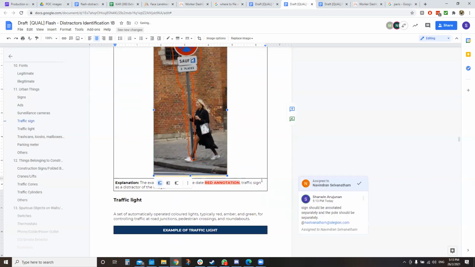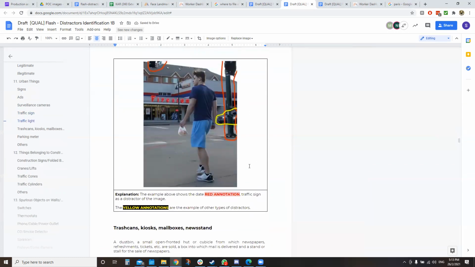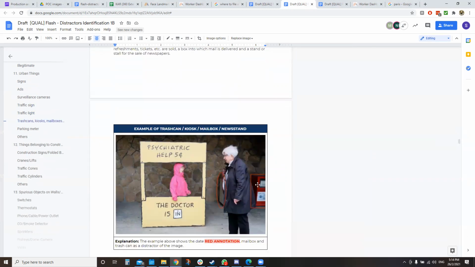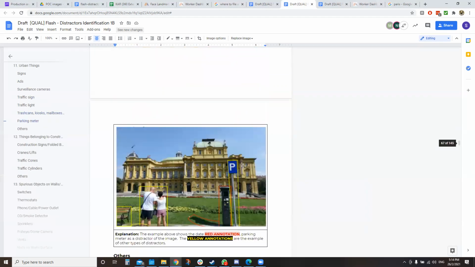All right, same goes for this. So traffic lights, this is fine because the pole is actually the traffic pole, so it's okay. Unless it's a normal pole, then of course you need to label it. Traffic lights, trash can, mailbox, and all these things.